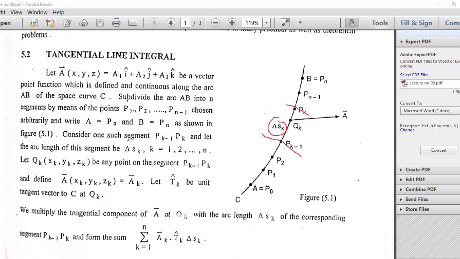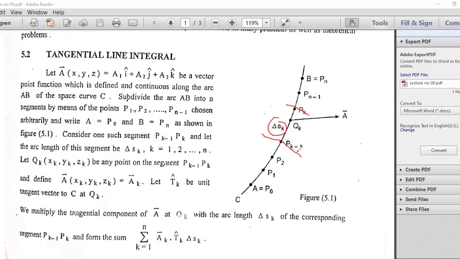Consider one such segment Pk minus 1 Pk, and let the arc length of this segment be delta Sk, where k is equal to 1, 2, up to n. Let Qk, that is xk, yk, zk, be any point on this segment Pk minus 1 to Pk.